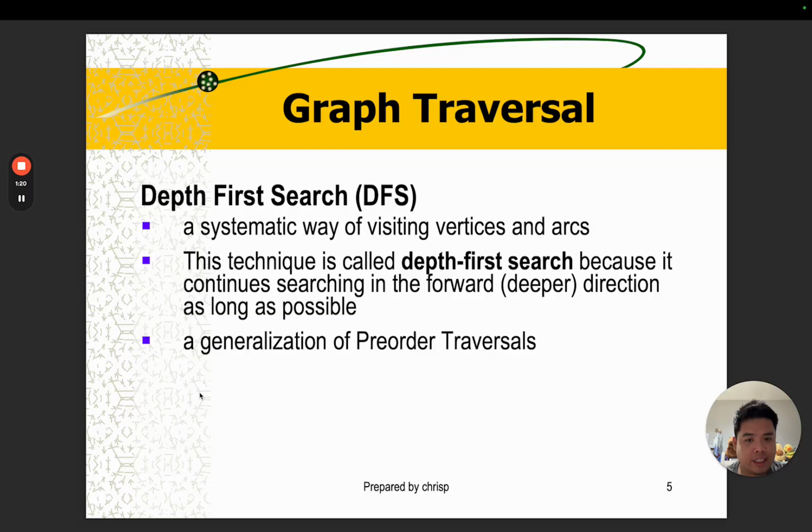This technique is called depth first search because it continues searching in a forward direction, or keeps going deeper for as long as possible. If we just take the definition, it might be a bit more confusing, but when we go through a simulation, it's a lot easier. It's also a generalization of pre-order traversals.